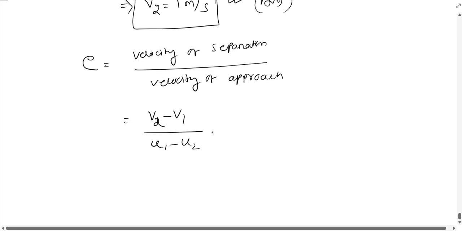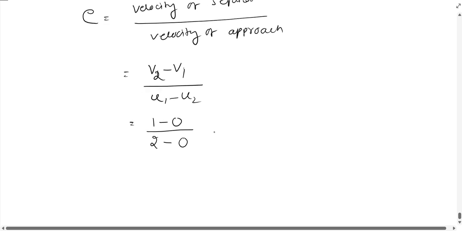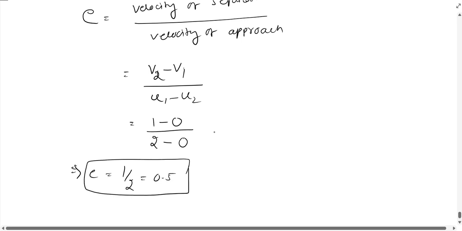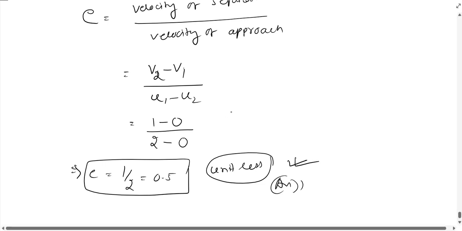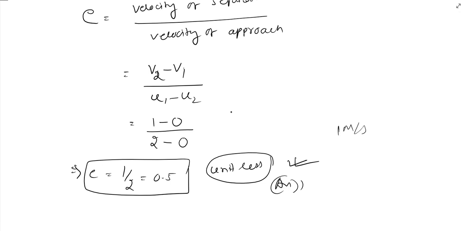We got v2 as 1 meter per second, v1 as 0, u1 is given as 2 meter per second, u2 is given as 0. So e equals 1 by 2, or 0.5. This is our answer, and it is unitless. Remember, the coefficient of restitution is unitless. So we have got the velocity of ball 2, that is 1 meter per second, and the coefficient of restitution, that is 0.5.